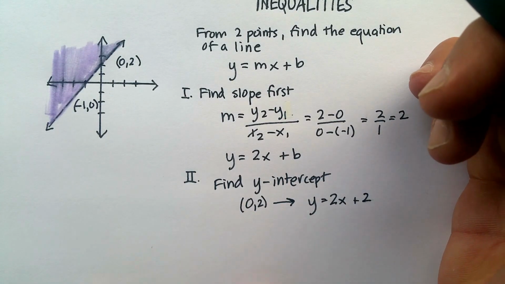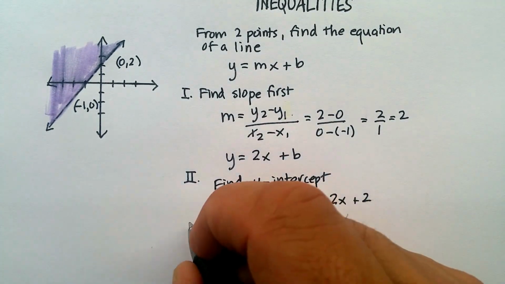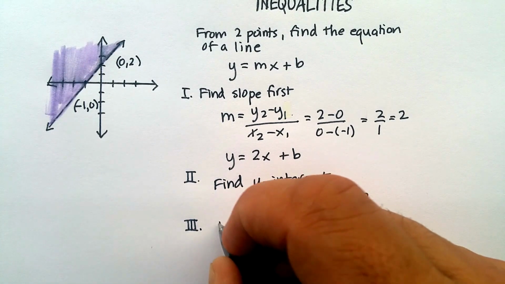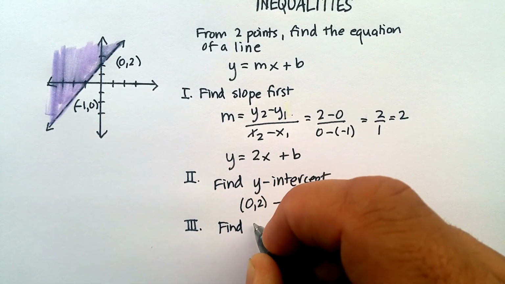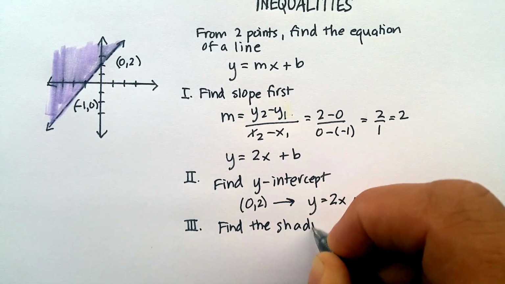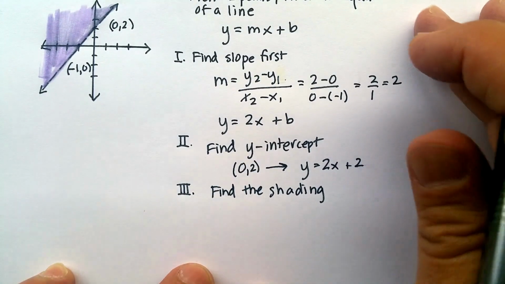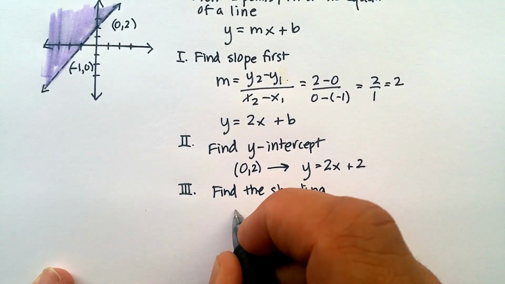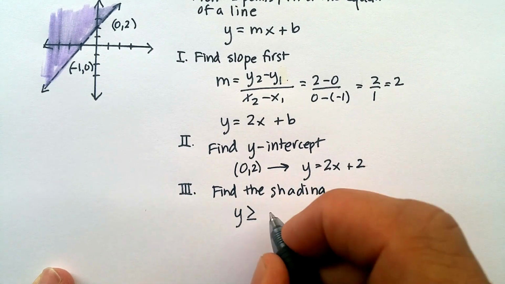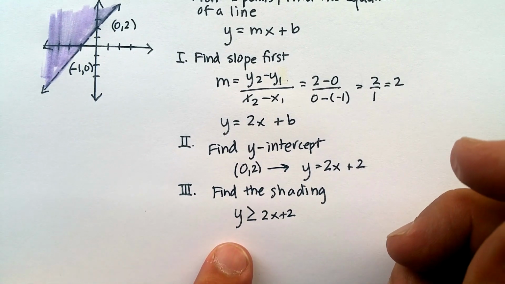Now what I have to figure out though is that this is an inequality. So I know it's not going to be an equal sign, right? So I'm going to say next, find the shading that I need to do. Okay? Now, if I were to say y is greater than or equal to 2x + 2, what would that look like?